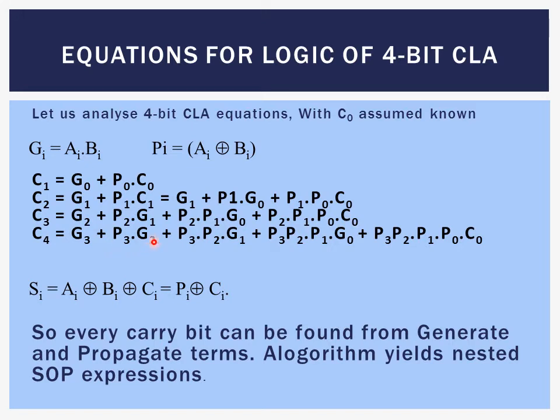So that is P3 into G2, P3 into P2 into G1, P3 into P2 into P1 into G0, and P3 into P2 into P1 into P0 into C0. So that is written here. And finally sum is equal to A exclusive OR B exclusive OR Ci. And A exclusive OR B is nothing but your propagate, so that is the propagate exclusive OR Ci.